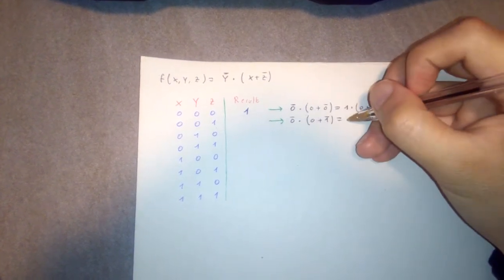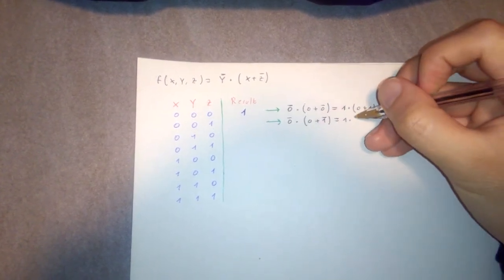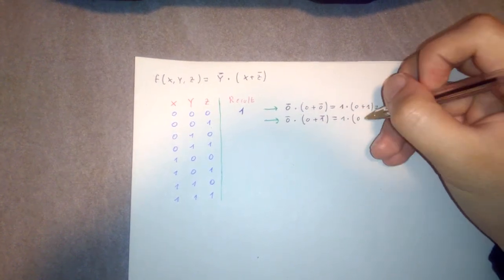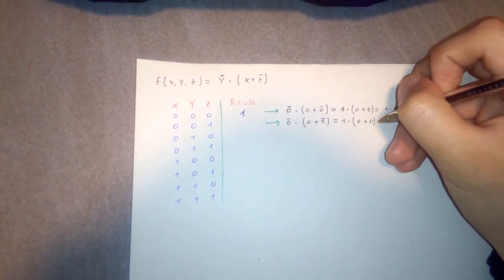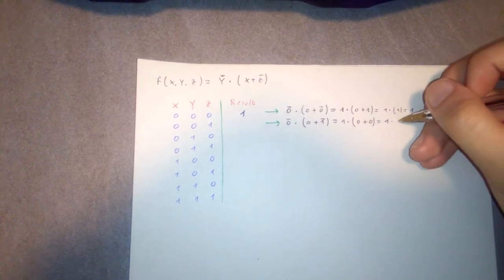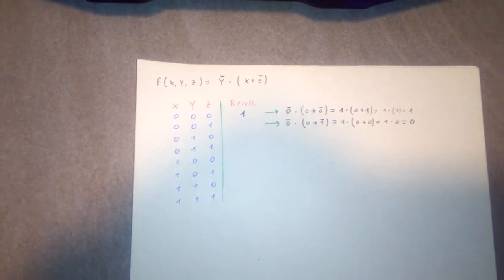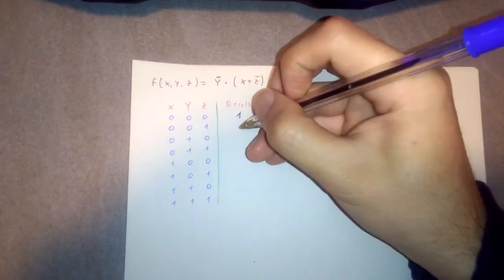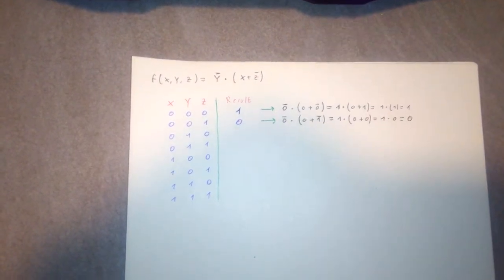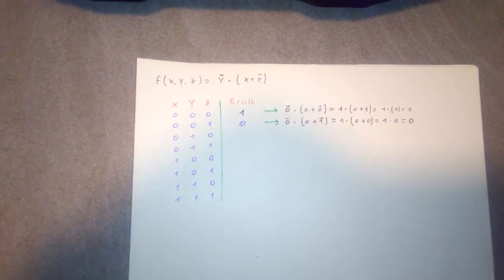So we have not 0, which is 1, times 0, plus not 1, which is 0. So we have 1 times 0 plus 0, which is 0. So 1 times 0 is actually 0. So we got a 0 here. Now let's go on.